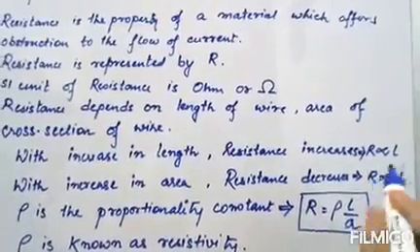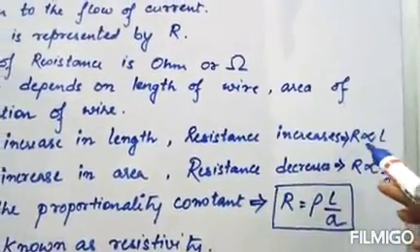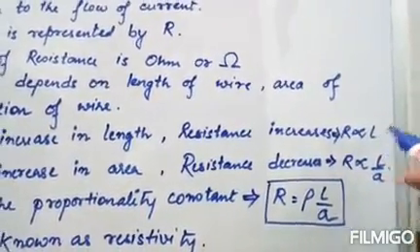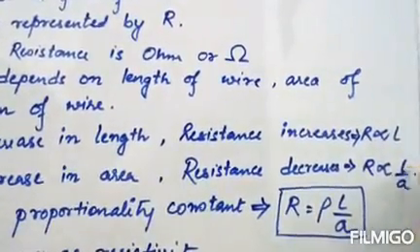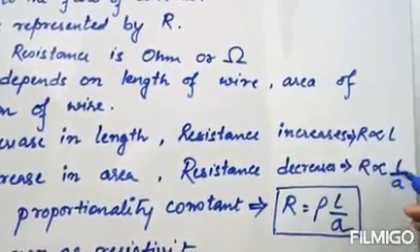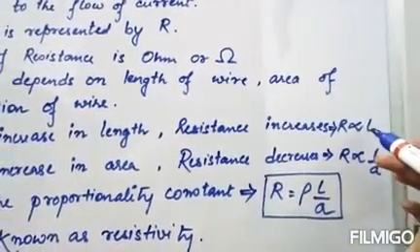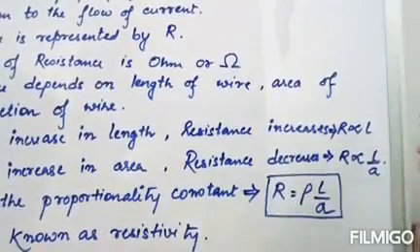So firstly we had R is directly proportional to L, and now resistance is inversely proportional to area: 1 by A, and directly L.